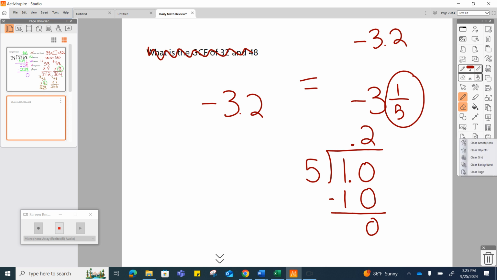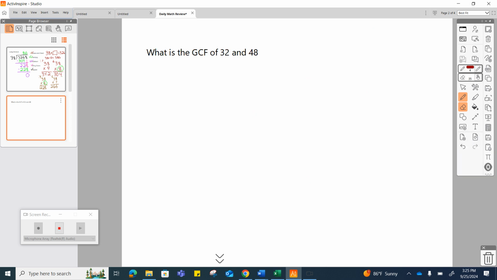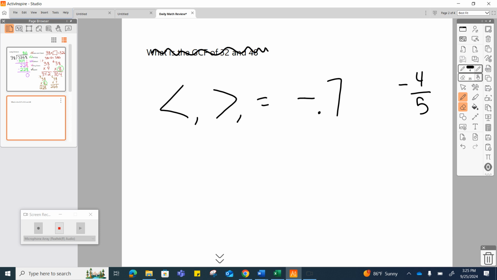Let's try the next one. Okay, ignore this wording here, that is not the problem. It is less than, greater than, or equal to negative 0.7 and negative 4/5. Okay, so two things you can do.